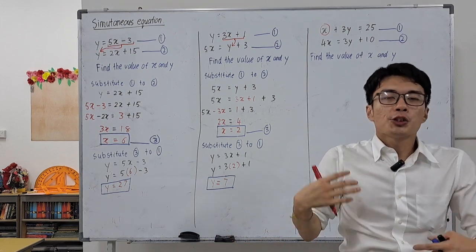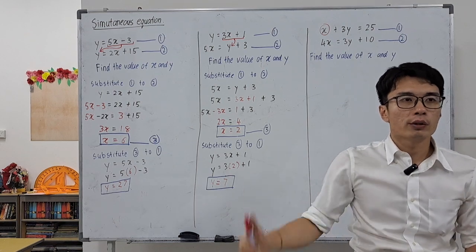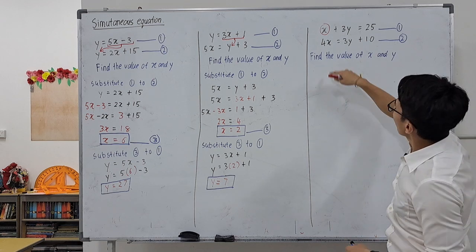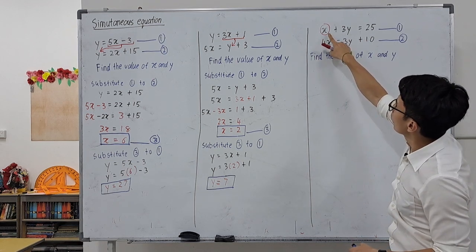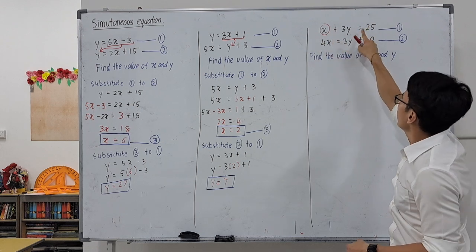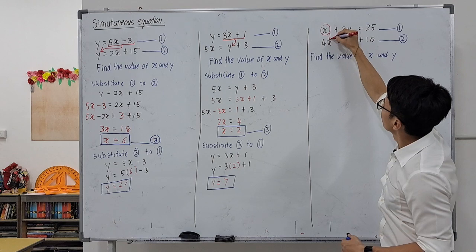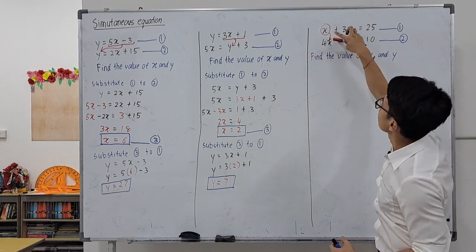Let's utilize that technique to solve our simultaneous equation here. I want to make x the subject of this equation, and then substitute it into this x over here. But I need to make x the subject first, okay?